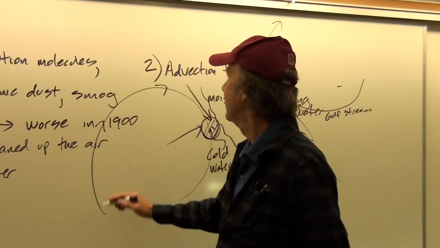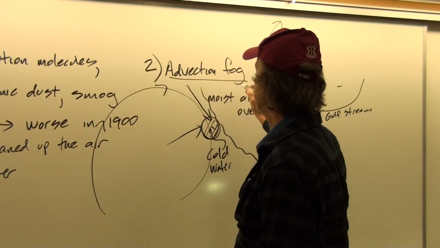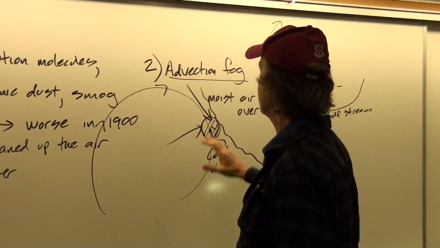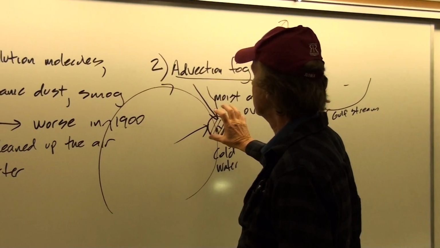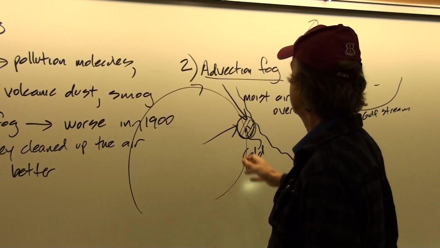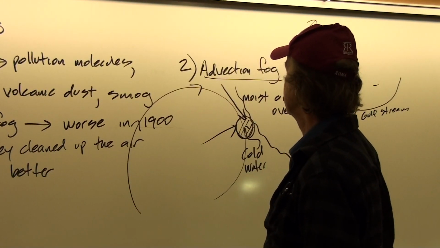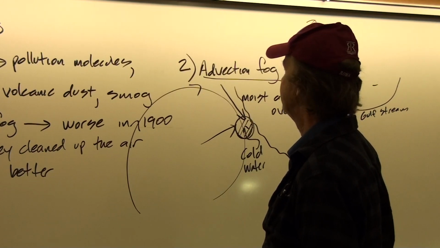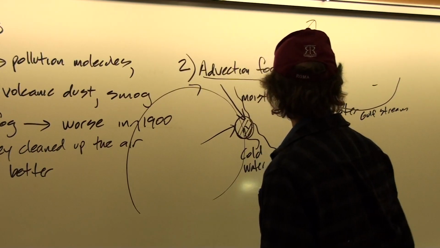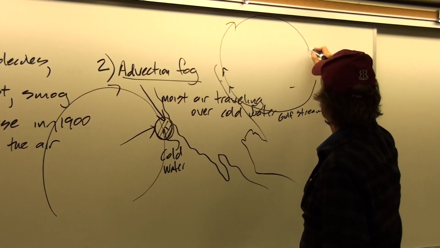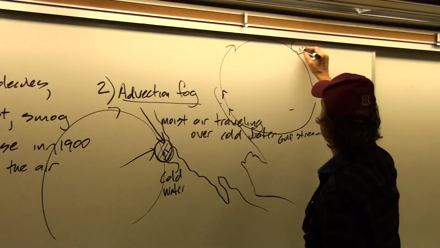Okay, and so that principle of the warmer air mass moving over colder water is seen here in Southern California, advection. But it's also seen on the other side of the Atlantic near England.